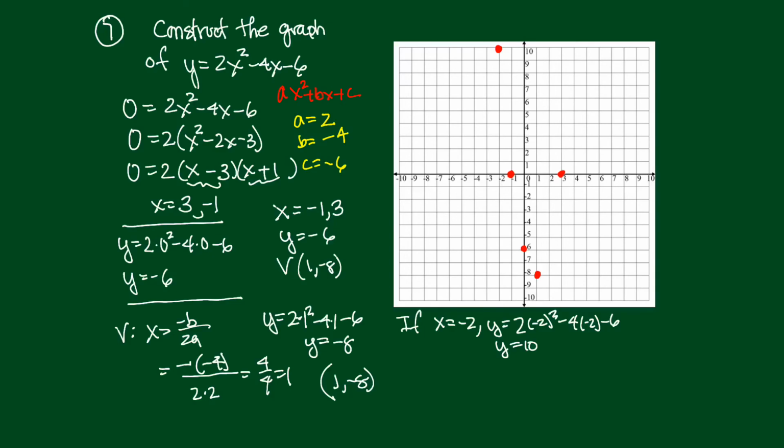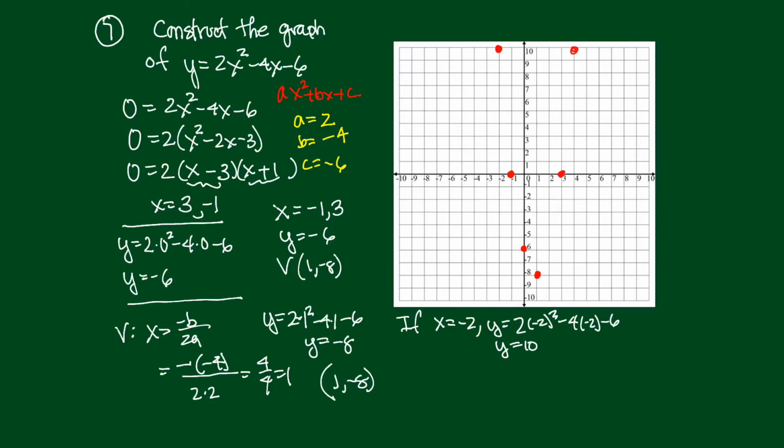These parabolas are symmetric about a line through the vertex. If I look at the vertex and draw a line right through it here, the parabola is symmetric about that line. That means that one side is just a mirror image of the other. So here I am at this line of symmetry. If I go 1, 2, 3 to the left, I could get another point by going 1, 2, 3 to the right.